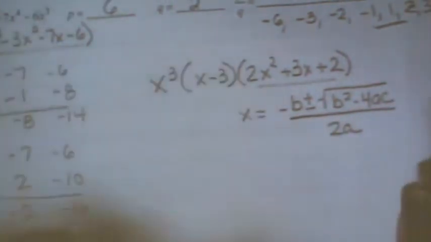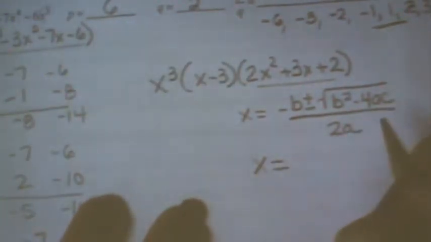So what we're going to do is try to break this trinomial up into its factors. Now, what am I writing here? Quadratic formula. The quadratic formula works on every quadratic problem. So that's your safe house right there.